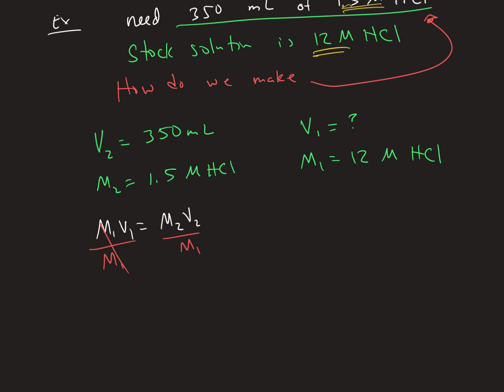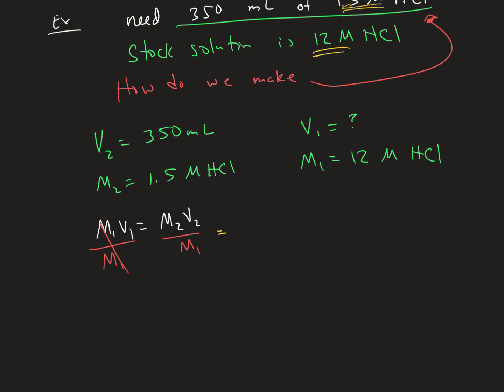If we have to make a whole bunch of different concentrations of hydrochloric acid for a lot of different experiments, we solve it symbolically and we don't have to solve it again. That's one advantage of doing it that way. I don't care if you plug numbers in, then solve. It still gives you the same answer.